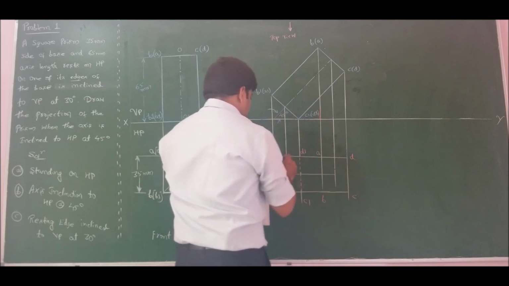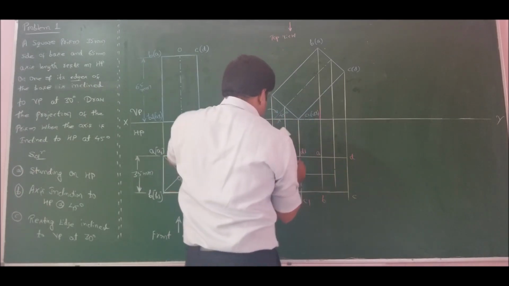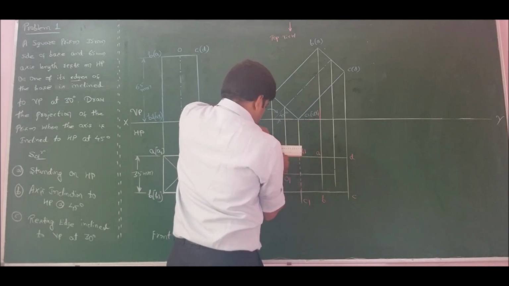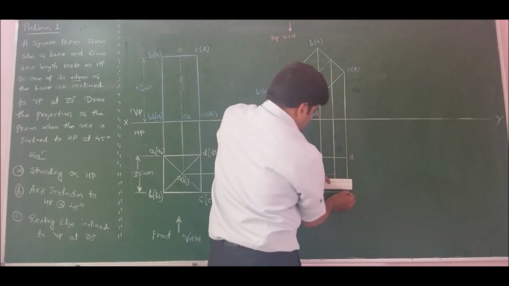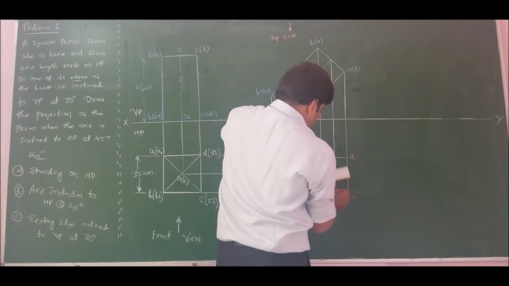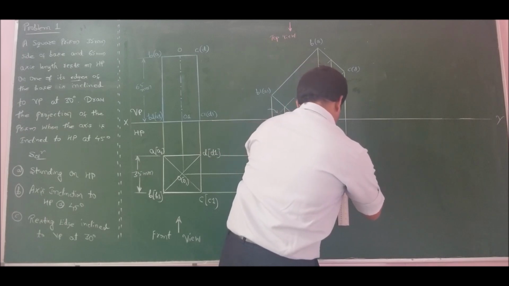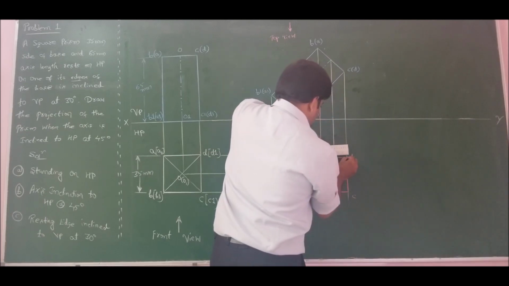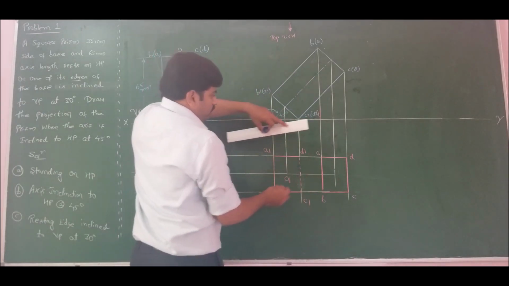So first you join the bottom and top faces. So this is the bottom face and this is the top face. And correspondingly you join the bottom and top face.